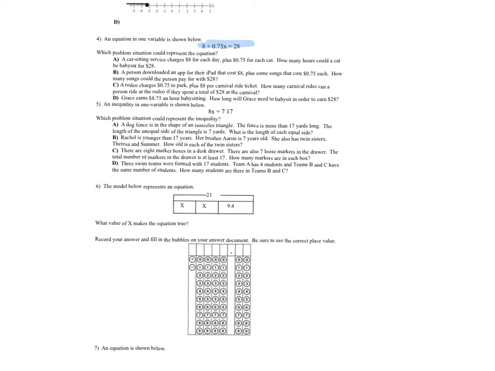So A, a cat sitting service charges 8 for each day. That would mean 8x plus 75 cents each cat. So that's doing two variables, okay? So that's not going to be our answer choice.